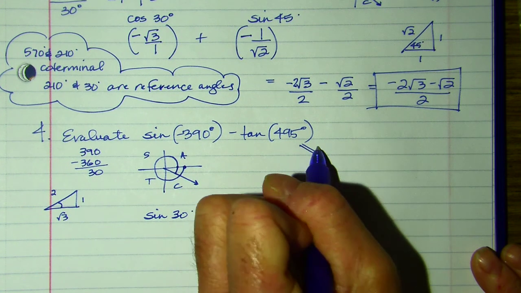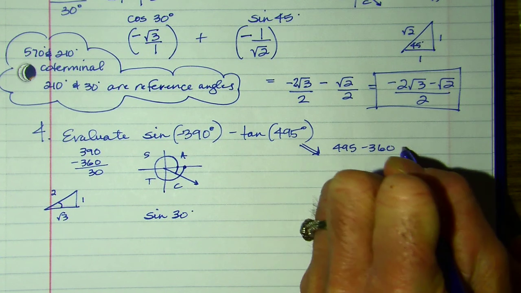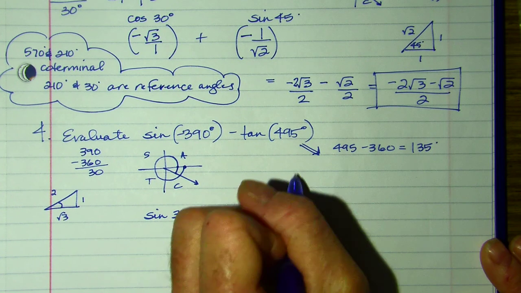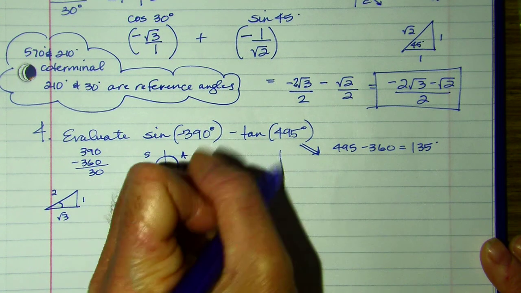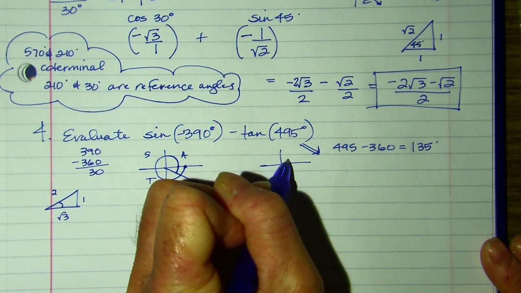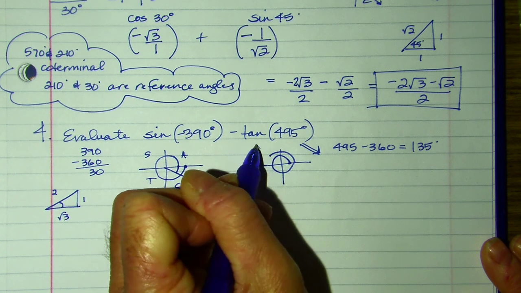Tangent of 495, so 495 minus 360 would give me 135. Okay, so I know I'm going to make a full rotation with 135 left over. It's positive 495, so counterclockwise. So here's 360, here's 135.